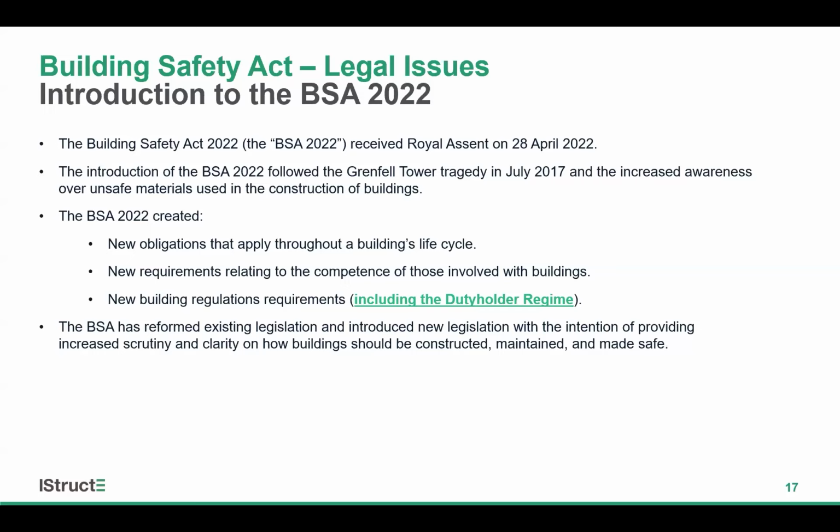Previously, the Defective Premises Act was limited to new builds, new dwellings. And as I mentioned earlier, the significant change is that it extends limitation periods to 30 years retrospectively for claims arising before June 2022 and 15 years for claims accruing after the 28th of June 2022.